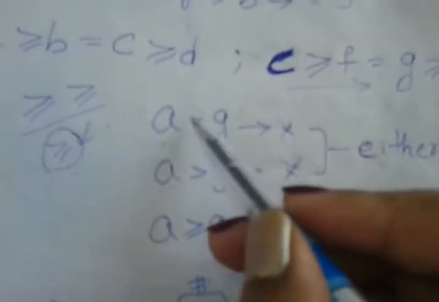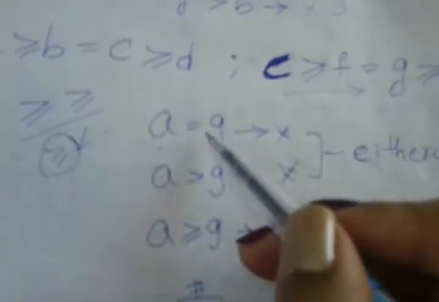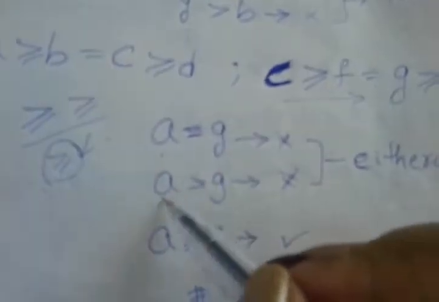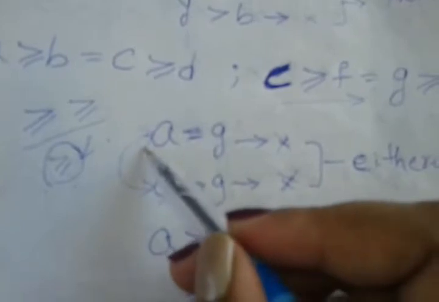So whenever we have two symbols, greater than and greater than or equal to, on the left hand side and right hand side both, if you have the same relation two times, then there is a chance of getting an either-or case. This is a special case that we have to concentrate on a bit.